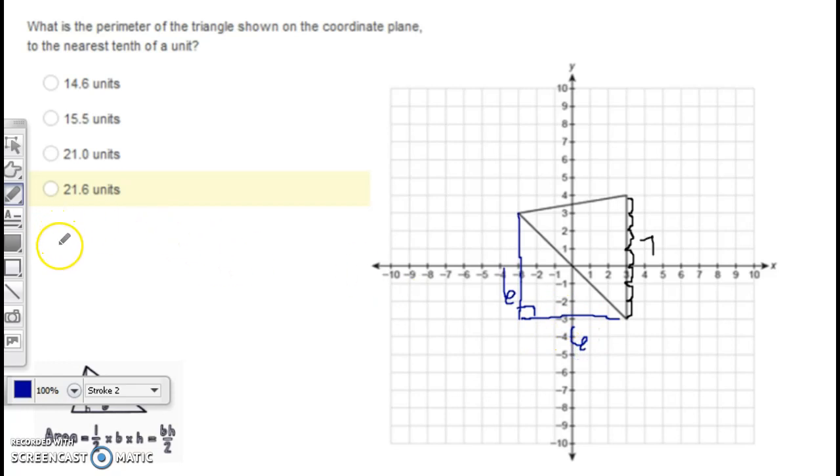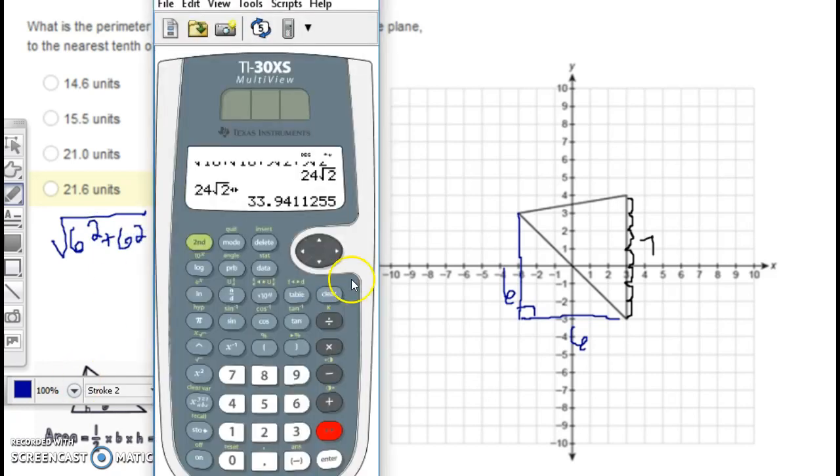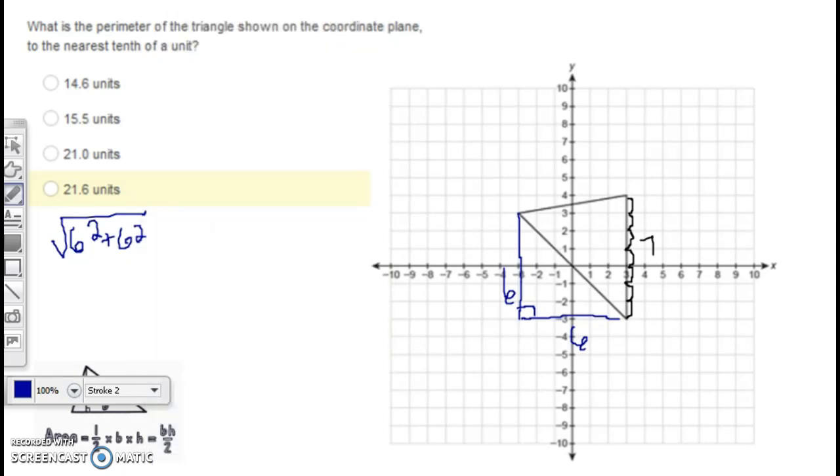So if I was going to plug this into the Pythagorean theorem, I'm going to do the square root of 6 squared plus 6 squared. And I'm just going to type it in. So that's 6 root 2. So this distance here is 6 root 2.